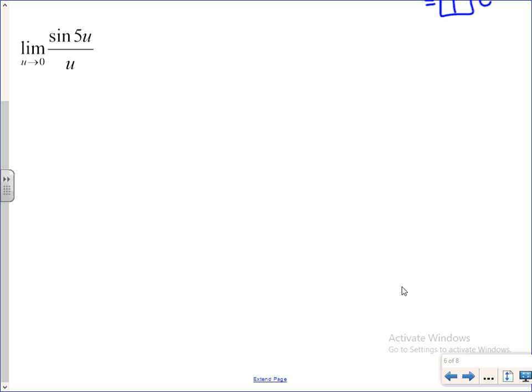Okay, so let's use some algebra skills here. What could we do in order to force that denominator to be a 5u? Can you multiply 5 to go to the top and bottom? Okay, we can multiply by 5 over 5. It's like multiplying by 1. It's not changing the value of our expression.